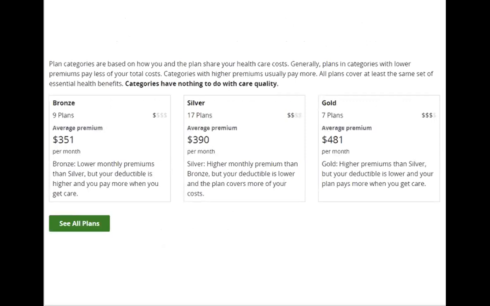So I want to talk a little bit about the Affordable Care Act. Has anyone looked into the Affordable Care Act, and what did you discover? I did, but it was a long while ago. So I think most of it has been changed, hasn't it?